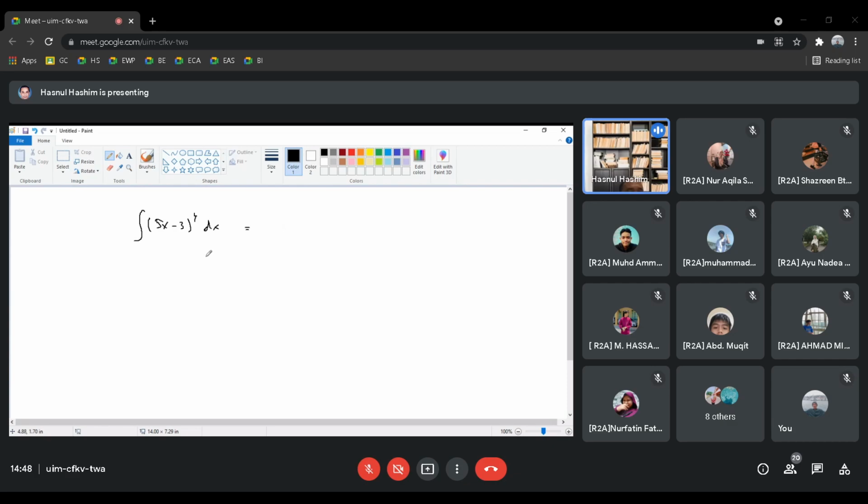Jadi kalau kita ikutkan formula yang kita tahu, kita tuliskan sini formula. Okay, so sini A adalah 5, n adalah 4.